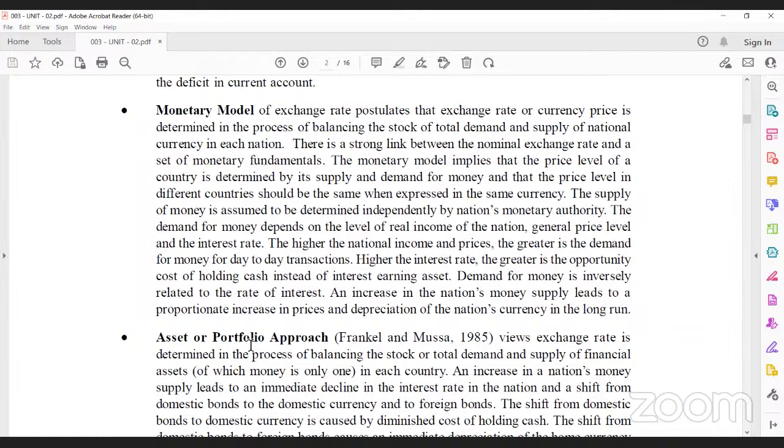Now, this demand for money is inversely related to the rate of interest, as we have seen. And proportionately, it will increase prices and depreciate the nation's currency in the long run.